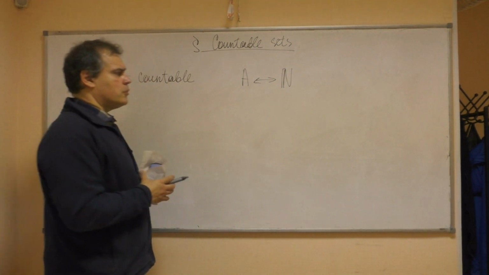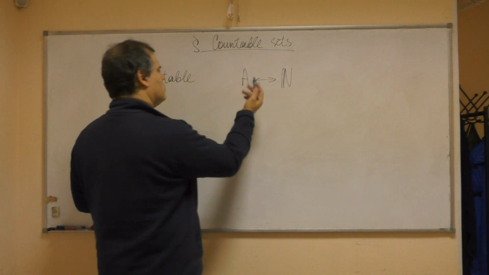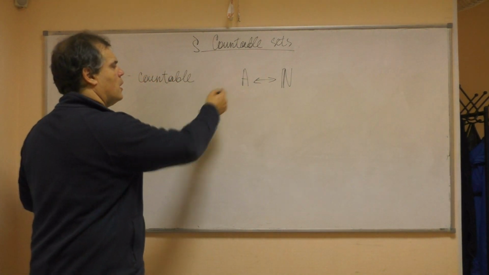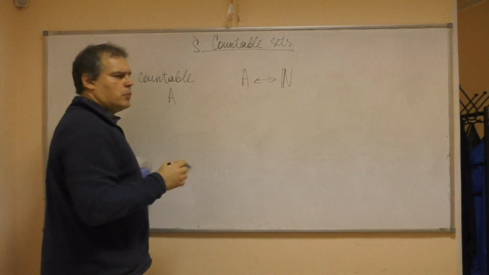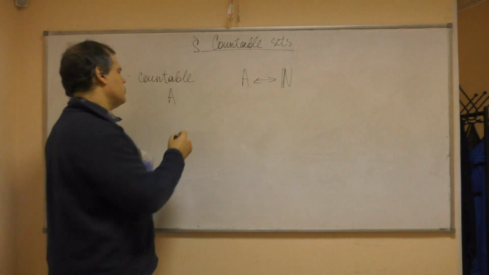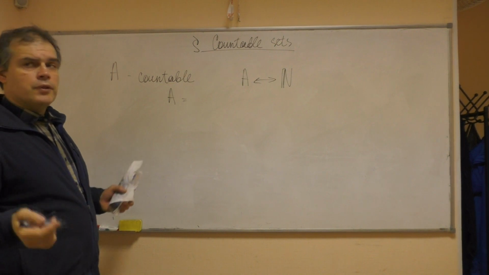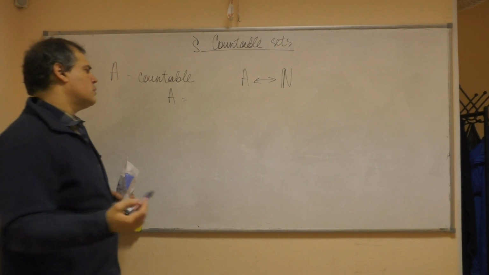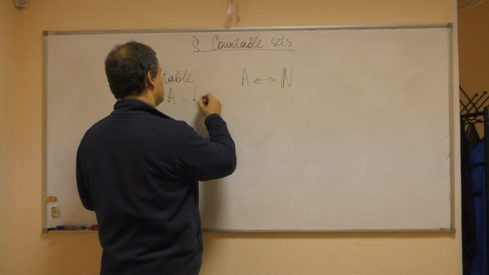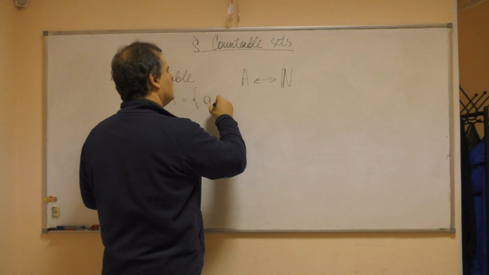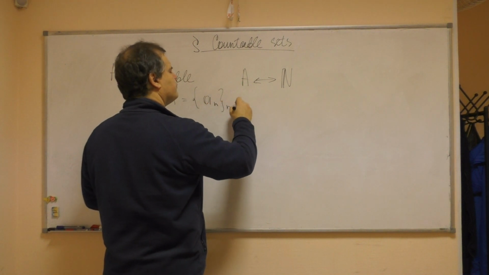In other words, simply saying, A can be just numbered. So it is an infinite set, but can be numbered. So in fact, A is some sequence.